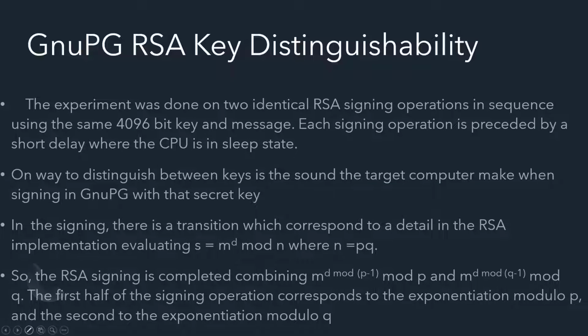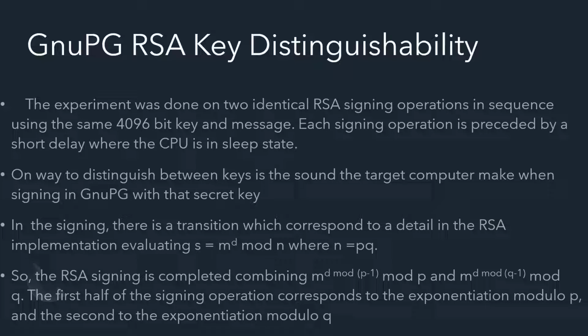So how do we distinguish the RSA keys? The experiment was done on two identical RSA signing operations in sequence using the same 4096-bit key and message. Each signing operation is preceded by a short delay where the CPU is in sleep state.